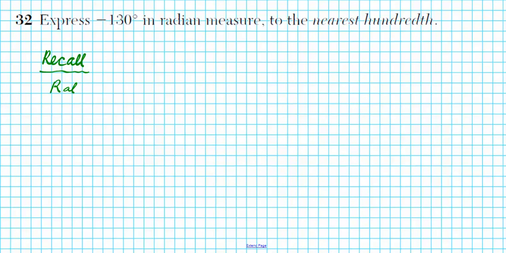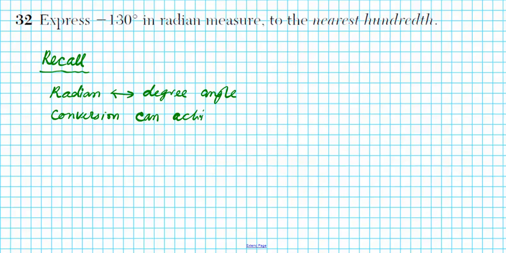radian, doesn't matter the order, I'm just writing the list. So radian to degree angle conversion can be achieved by multiplying by a certain number.